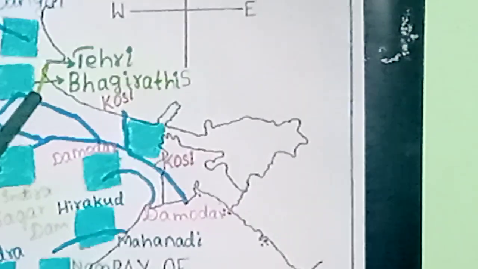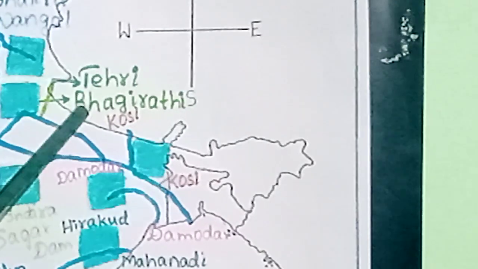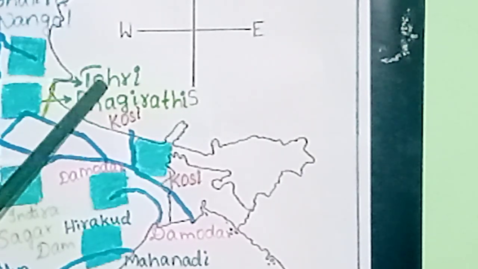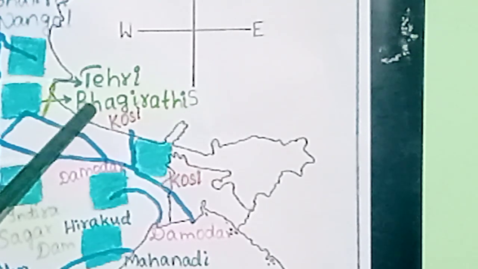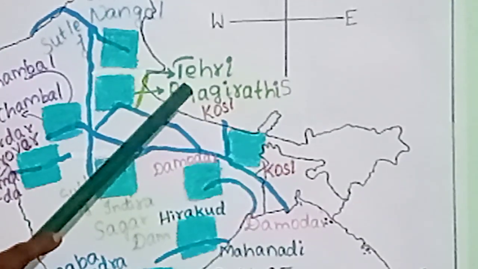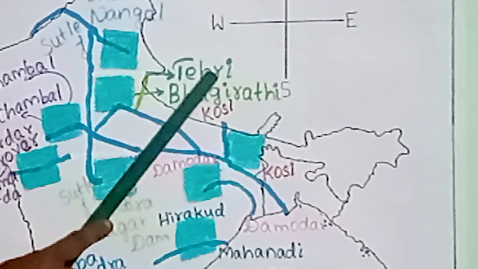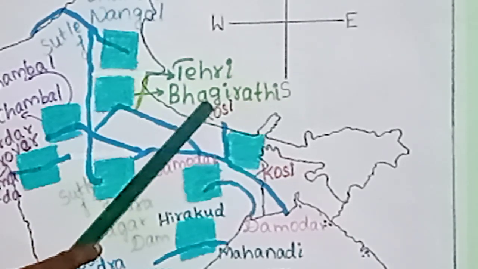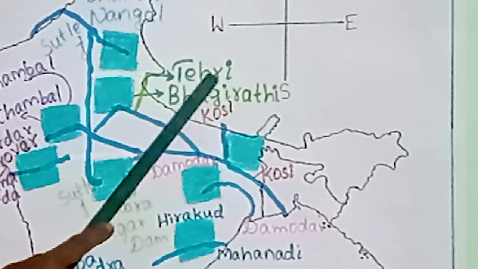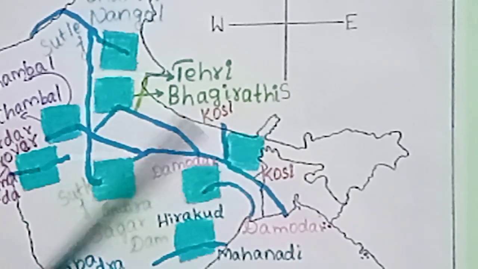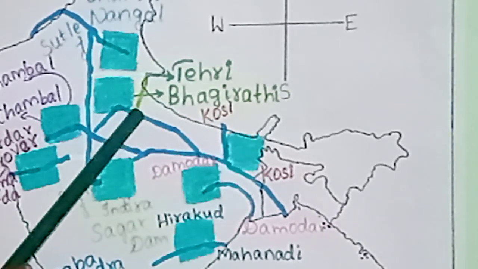This dam is built across the river Tehri. Tehri is one of the branches, one of the tributaries of Ganga.